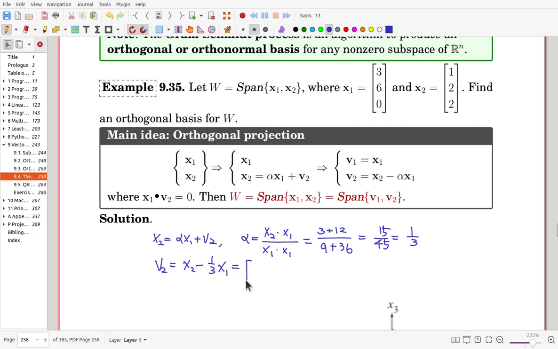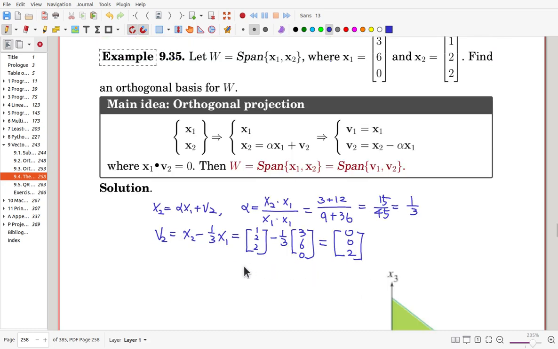What is x2? x2 is 1, 2, 2, and minus 1/3, and x1 is 3, 6, 0. So here that will be 0, and that will be again 0 and 2. So if we collect v1 and v2, then that's the orthogonal basis.